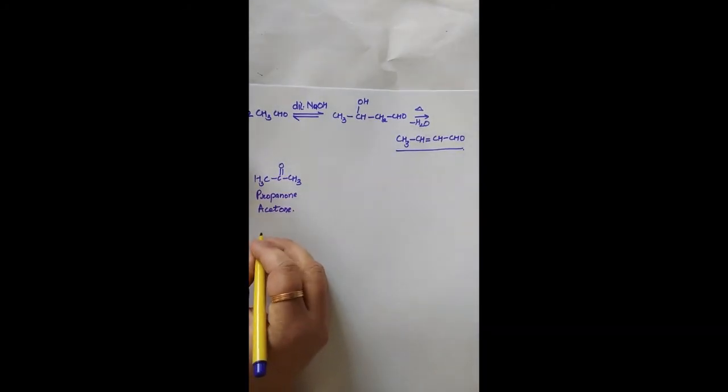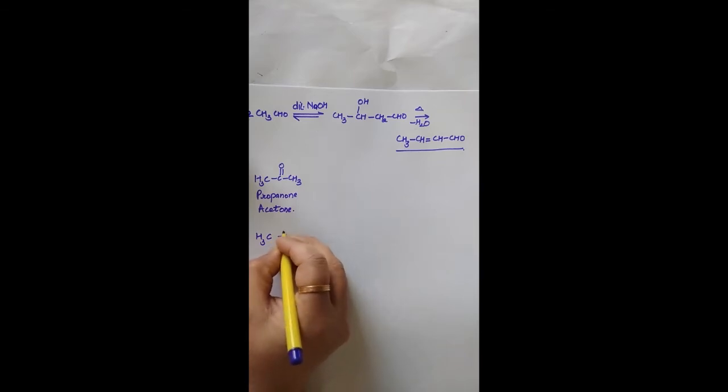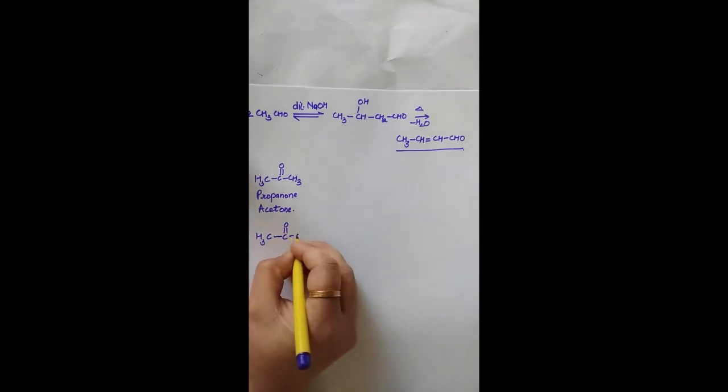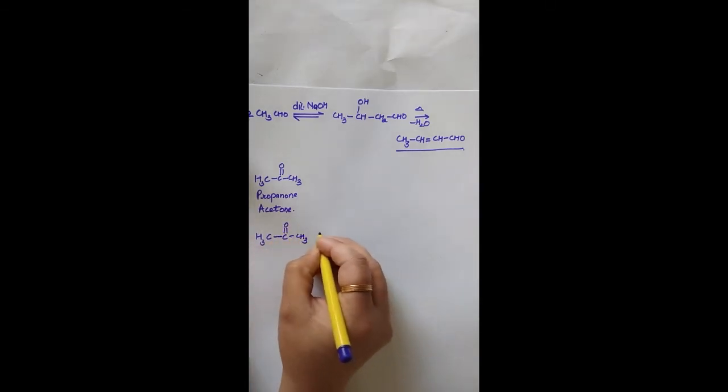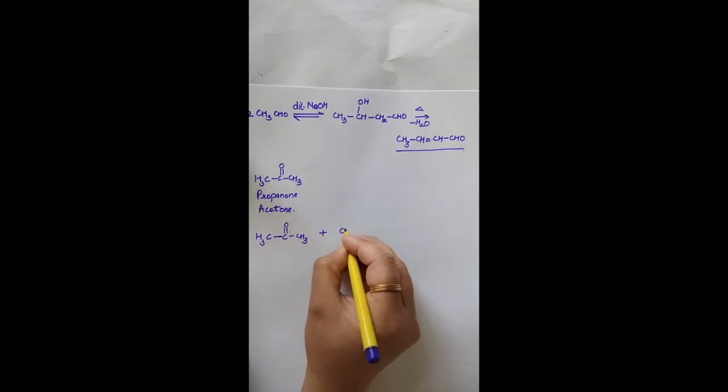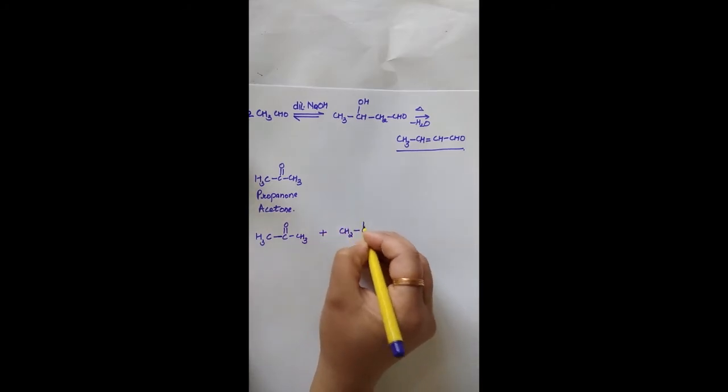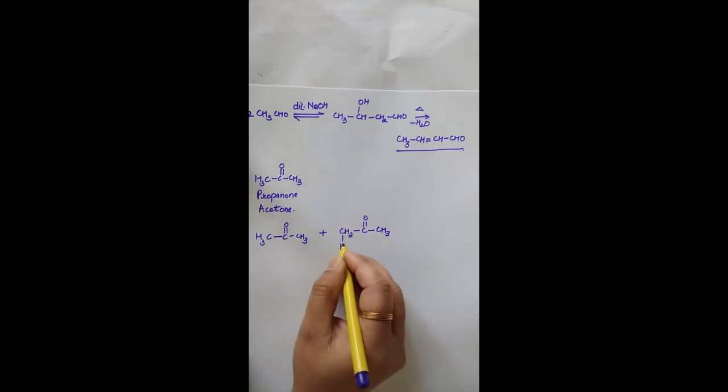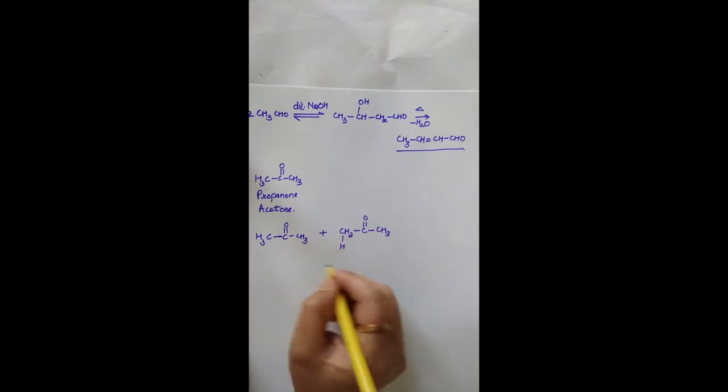So it will be CH3COCH3 plus the second will be CH2COCH3. So write H like in this way. So this is your alpha H that will be removed from here.